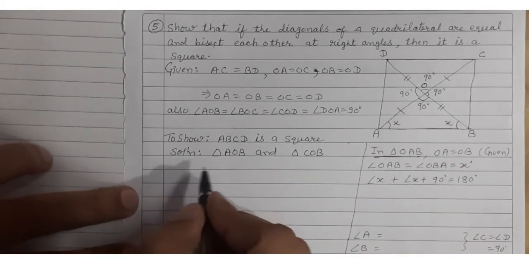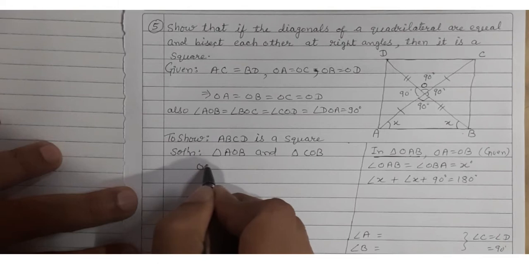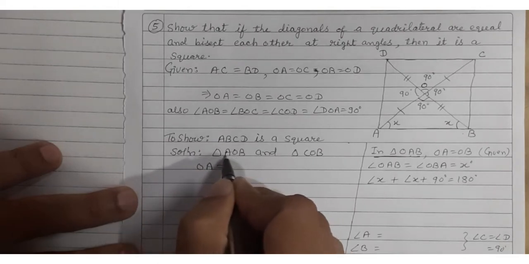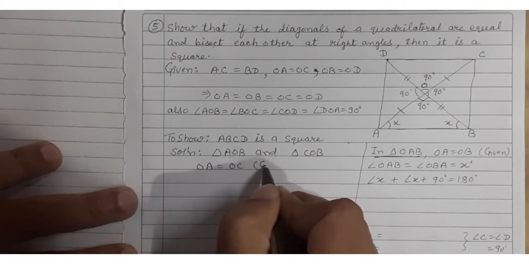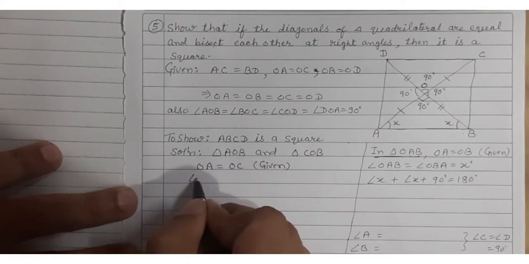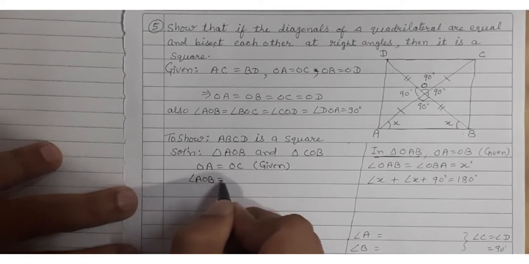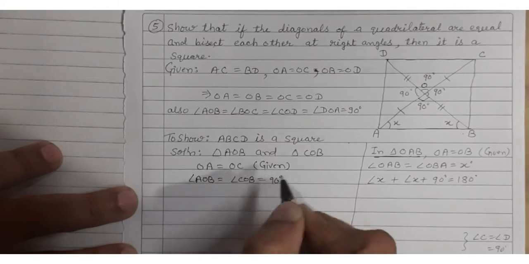Okay. Now see, OA is equal to OC. This is given. Angle AOB is equal to angle COB is equal to 90 degree.